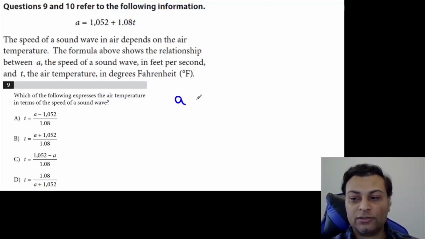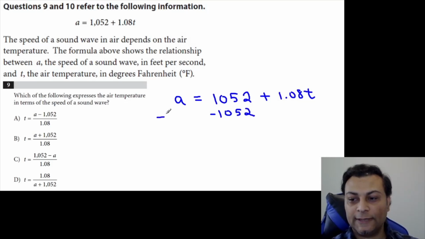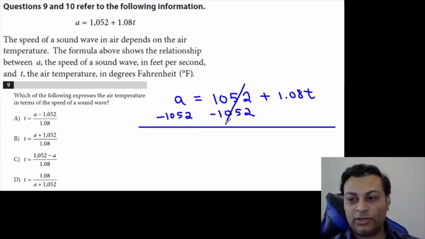To solve for t: A equals 1052 plus 1.08t. Your first step is to subtract the 1052 from both sides. So you get A minus 1052 is equal to 1.08t.